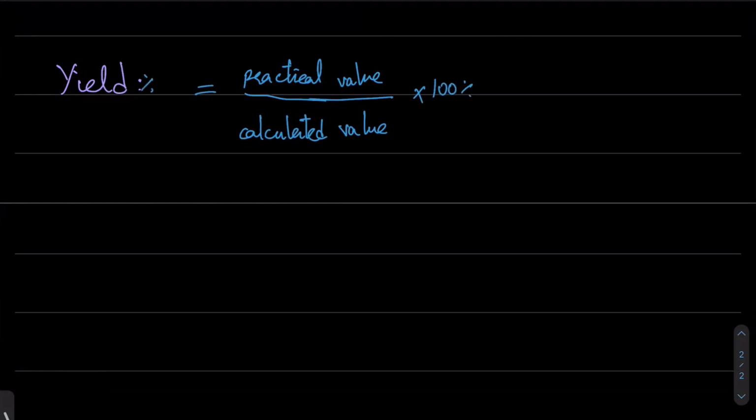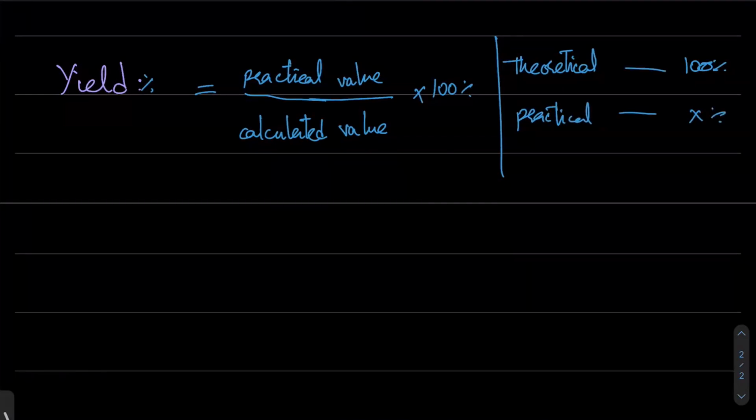Basically हम क्या कह रहे हैं? हम कह रहे हैं कि देखो जो theoretical value है ना, जो calculated value है, that is 100%. तो जो प्रैक्टिकल वैल्यू है वो हमारा x% है, and we use the ratio method to solve it.